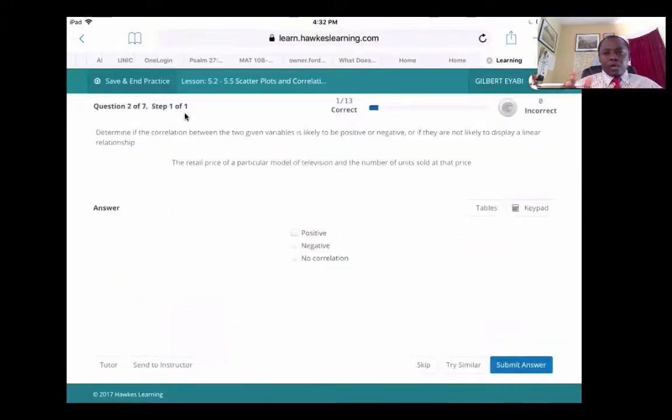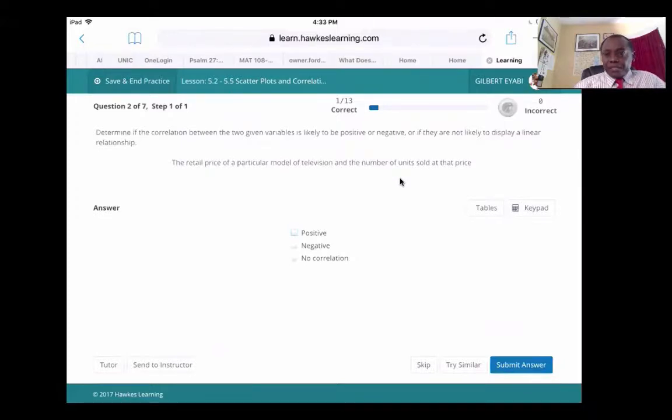Question number 1 doesn't really deal with MathStudio, but we can still answer it. It says, determine if the correlation between the two given variables is likely to be positive, negative, or if they are not likely to display a linear relationship. The retail price of a particular model of television and the number of units sold at that price.